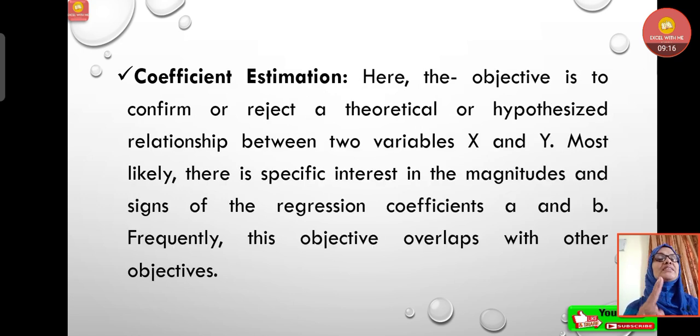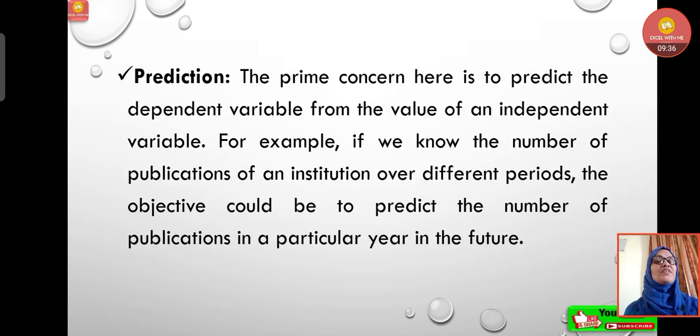The second objective is coefficient estimation. Here the objective is to confirm or reject a theoretical or hypothesized relationship between two variables x and y. Most likely there is specific interest in the magnitudes and signs of the regression coefficients a and b. Frequently this objective overlaps with other objectives.